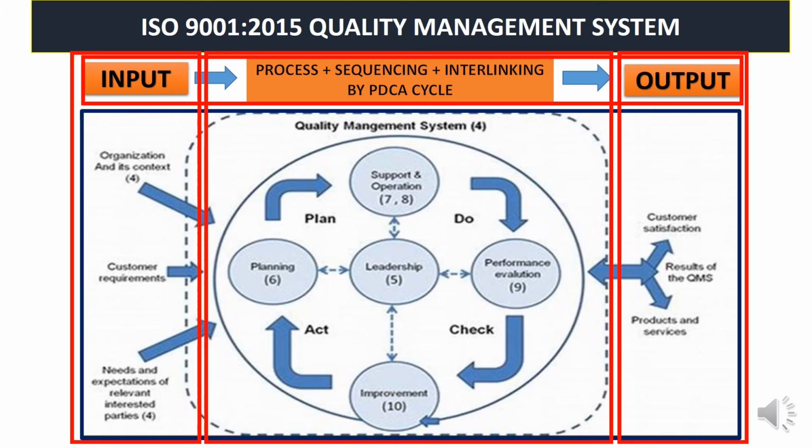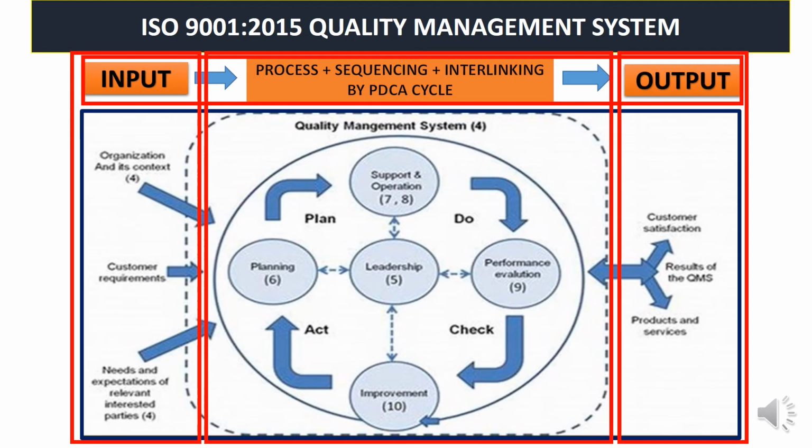Here we can see clause number 6 is planning, where as per PDCA cycle we do the plan of the entire organization. Then we go for support and operation, that is the do, where we execute our plans.